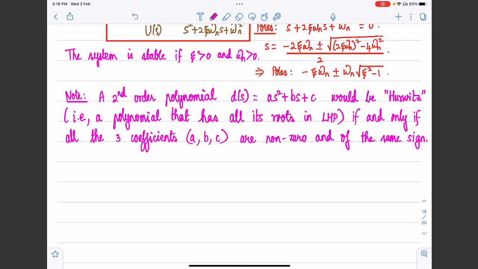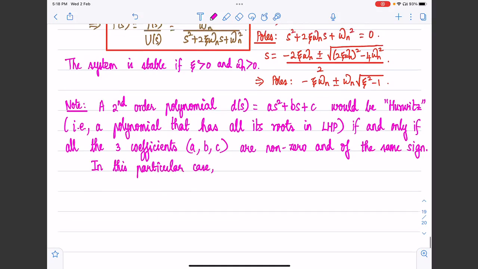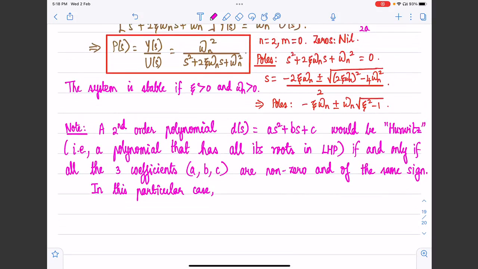If we look at our particular case, dealing with second order systems, and compare it with what we have been writing, the denominator polynomial of the transfer function is s squared plus 2 zeta omega n s plus omega n squared. So the parameter a is 1, which is positive.